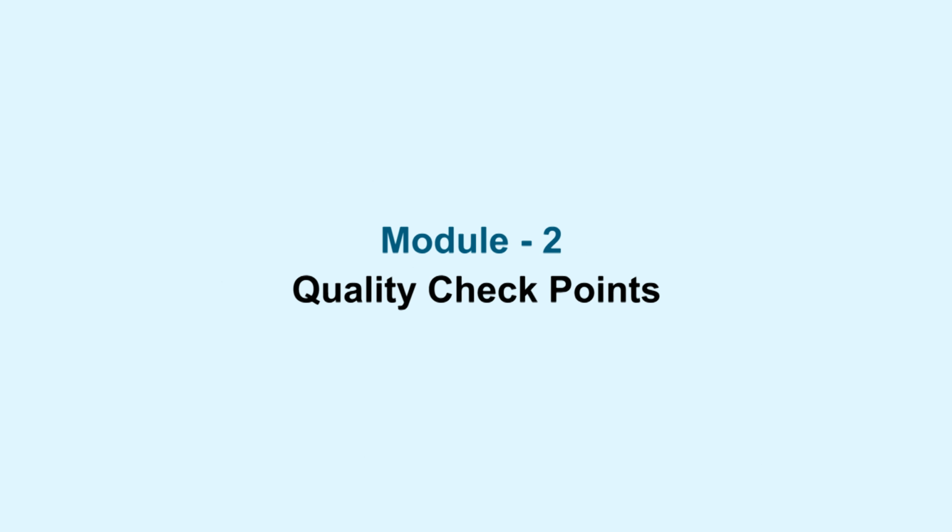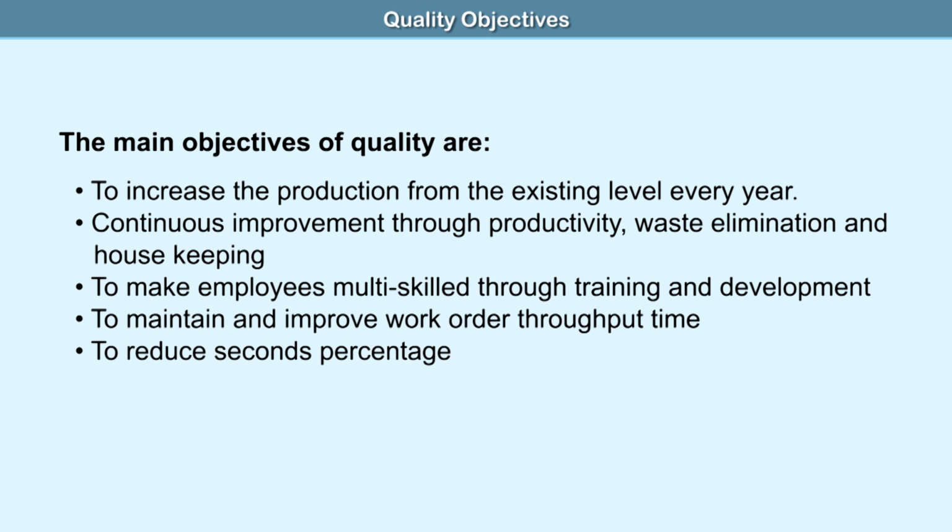Quality checkpoints in garment manufacturing process. Students, in this module, we are going to talk about the various checkpoints that need to be considered while manufacturing of the garments in factories. The quality objectives here are to increase the production from the existing level every year.